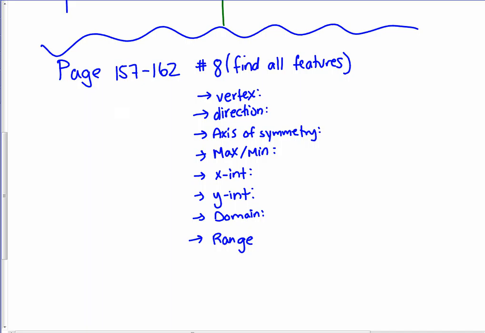Does it have a maximum or a minimum? Min, at y equals, what's the lowest y value? Negative 4. What's the x-intercept? Negative 1, so we write (-5, 0) and (-1, 0). Y-intercept?